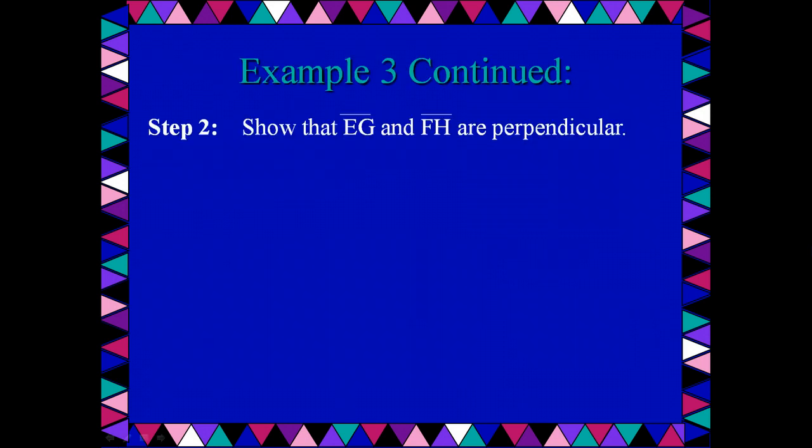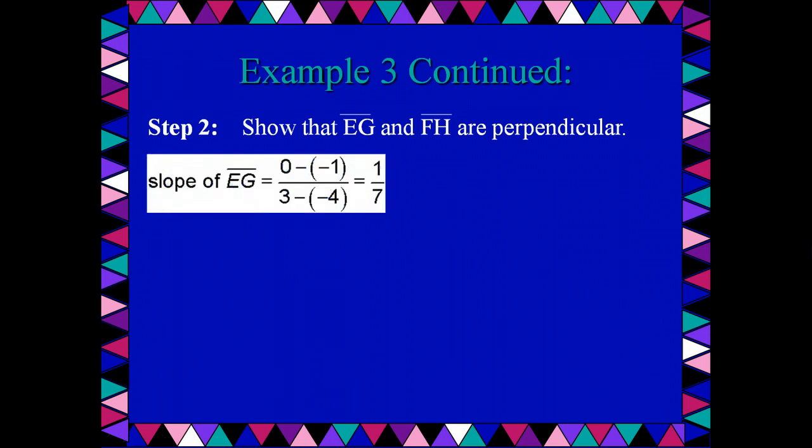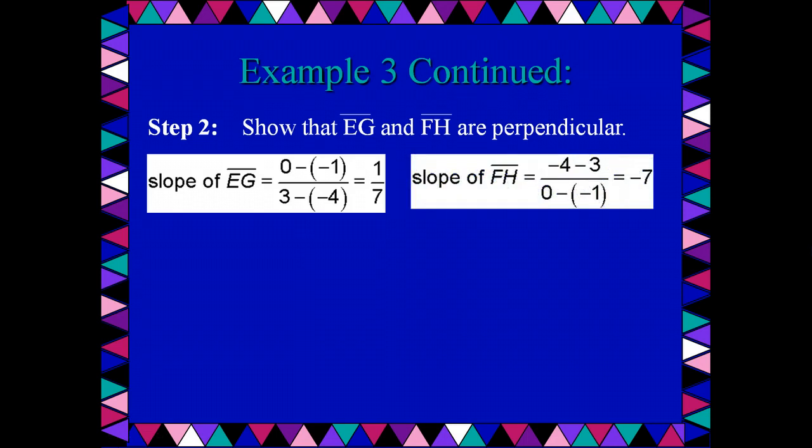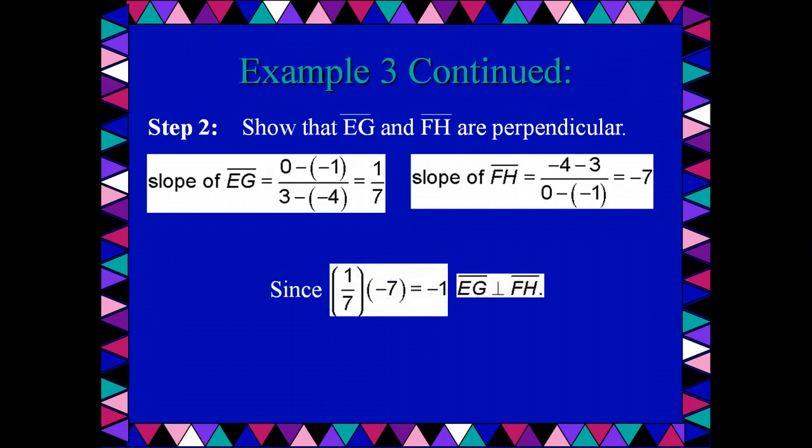Step 2, we have to show that EG and FH are perpendicular. So if we look for the slopes, the slope of EG equals 1 over 7. The slope of FH equals negative 7. Since 1 over 7 times negative 7 equals negative 1, they are opposite reciprocals of each other, and that means that EG is perpendicular to FH.